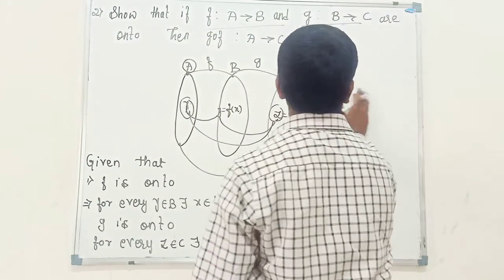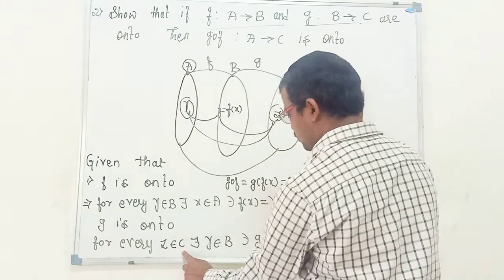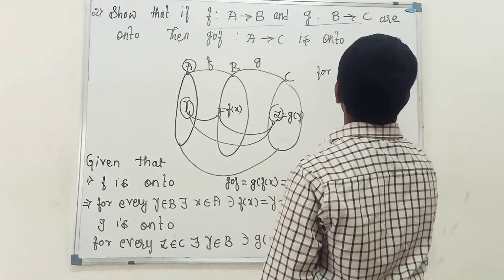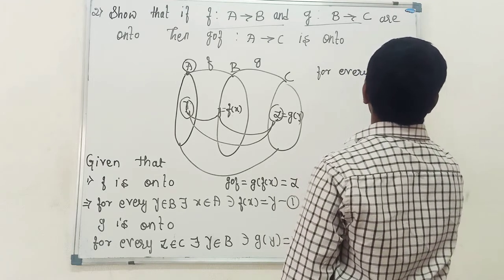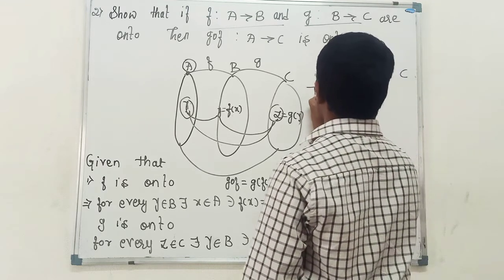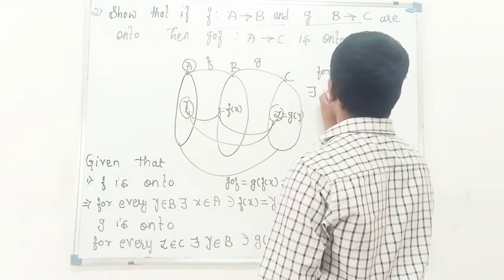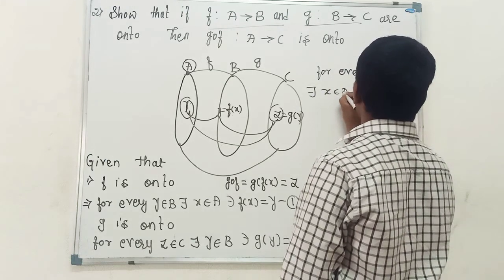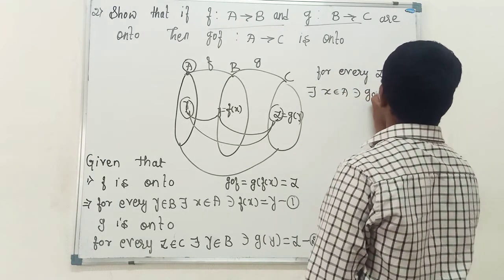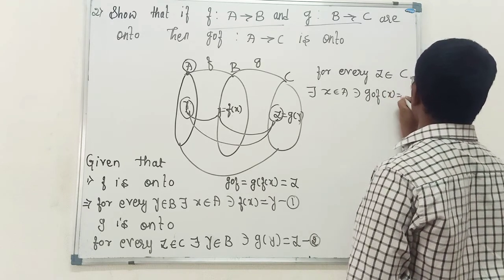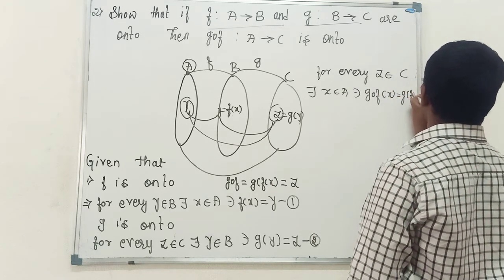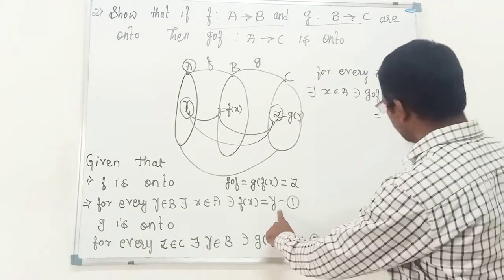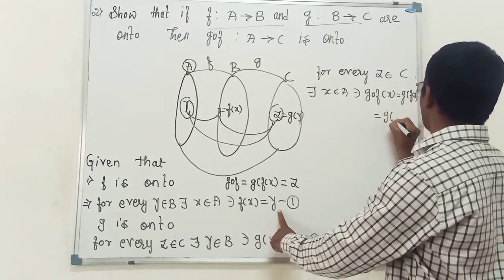So let me come to that. We know that for every z belongs to the codomain C, there exists x in A such that g composition f of x is equal to g of f of x. By the definition, g of f of x means what we have? g of y.